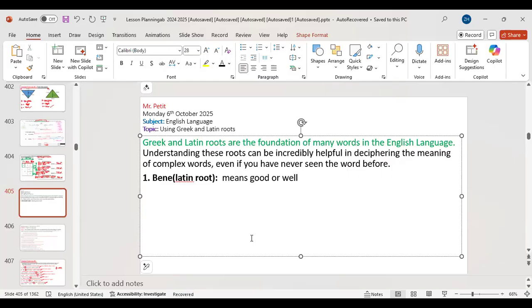That's what "bene" means. If you see something start off with "bene," just think good or well. So this root means good or well. Examples would be beneficial. And we know beneficial is what? Good or what? Advantageous.